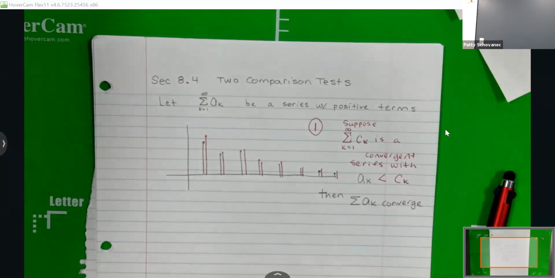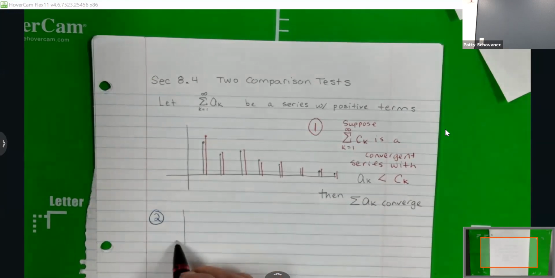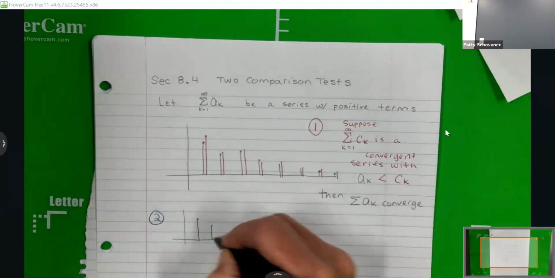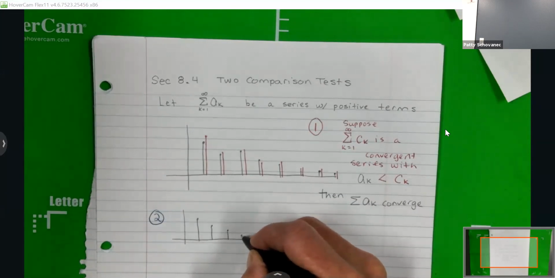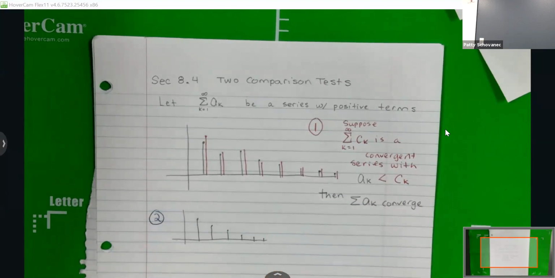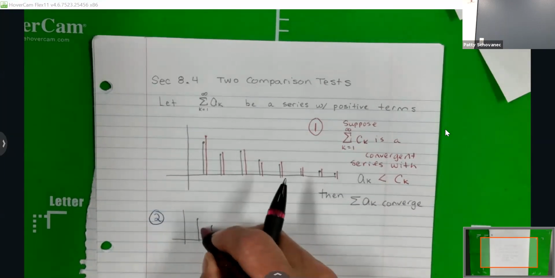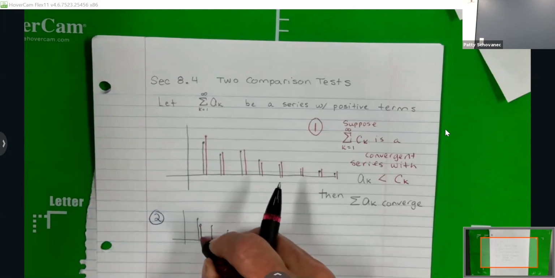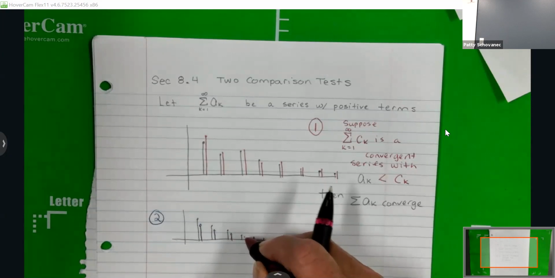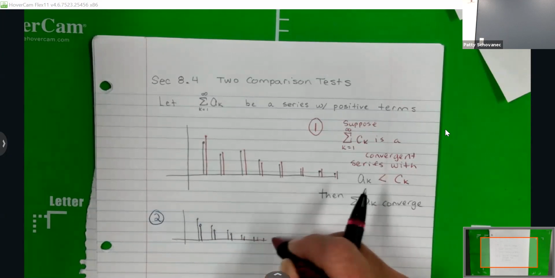On the other hand, case number 2, I'll put my a_k's again as pencil drawn sticks. Now let's draw my other series to be smaller than those. I'm going to draw them in blue, and I'm going to call these the d_k's because they're going to diverge.